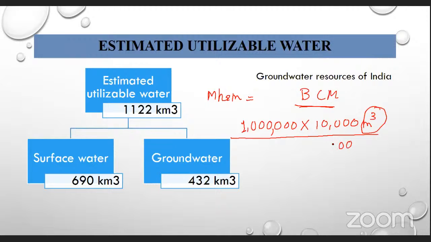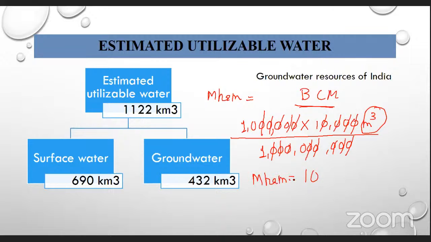And what is the billion? Ones, tens, hundred, 1,000, 10,000, 100,000, then 1 million, 10 million, 100 million, and this divided by this. So 1 2 3 4 5 6 7 8 9 zeros, and 1 2 3 4 5 6 7 8 9 zeros. So these zeros are going to be cancelled, and over here you see this million hectare meter is going to be 10 BCM.